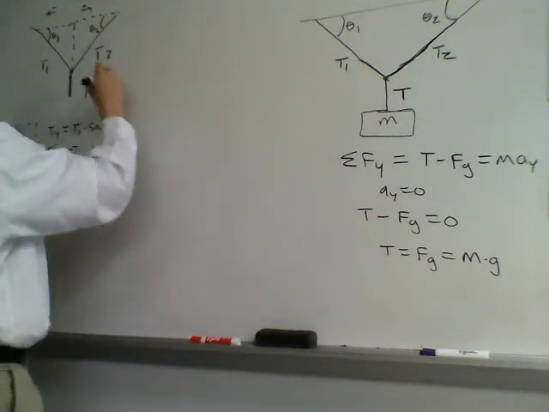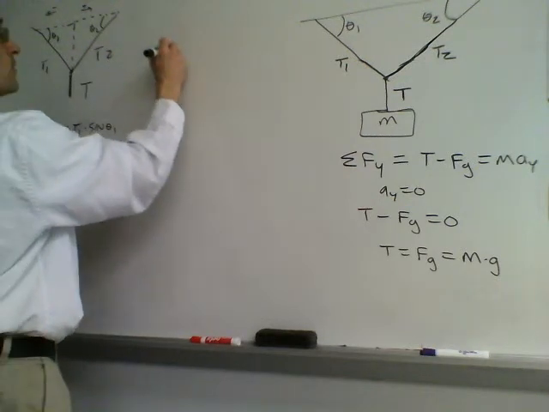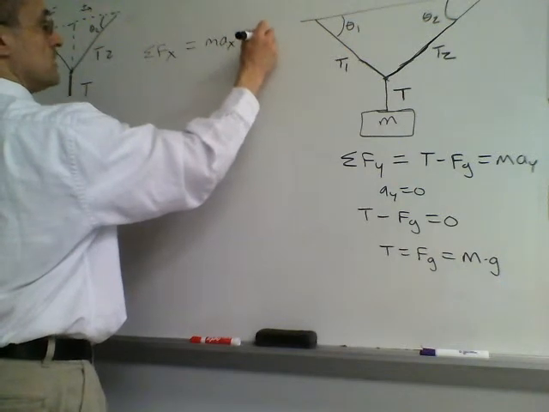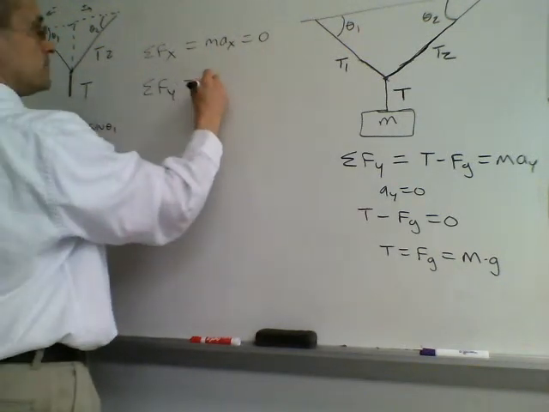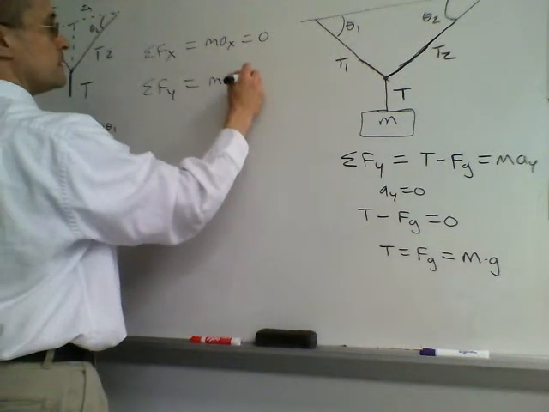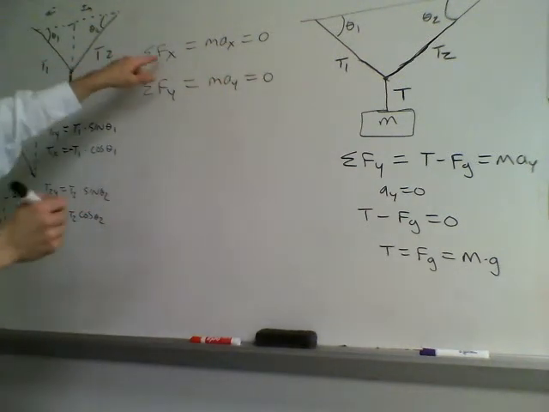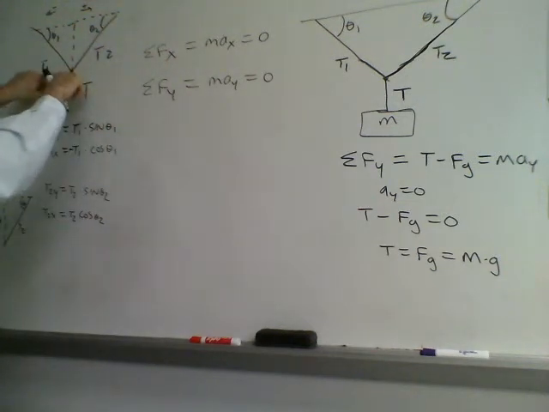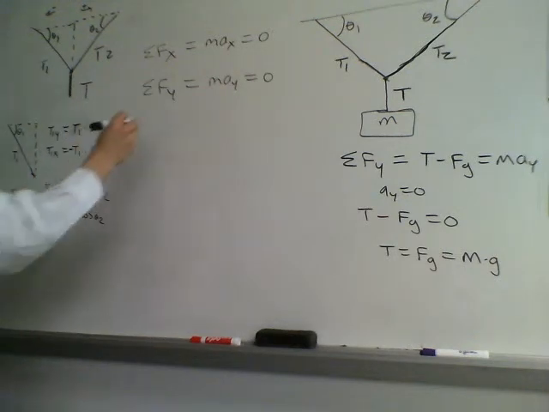So the sum of the forces in the x equals m a_x, which equals 0, and the sum of the forces in the y about that point is m a_y, which is also 0. Let's look at the x. The only forces in the x acting on this point are T1x and T2x.